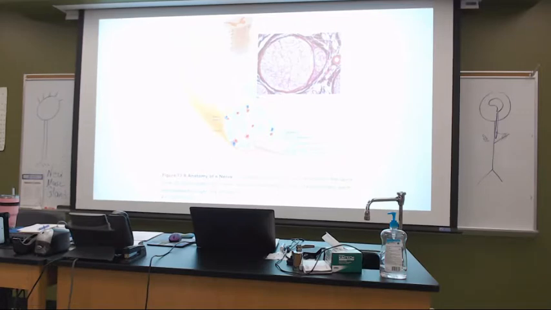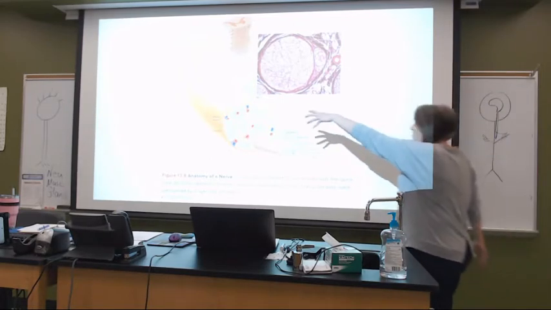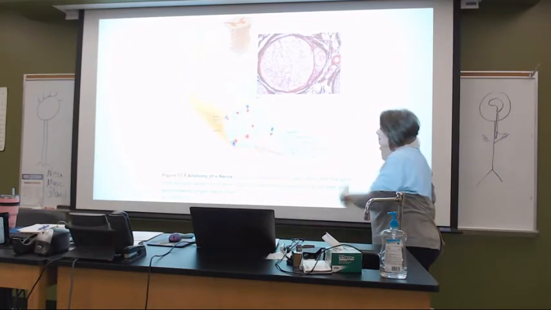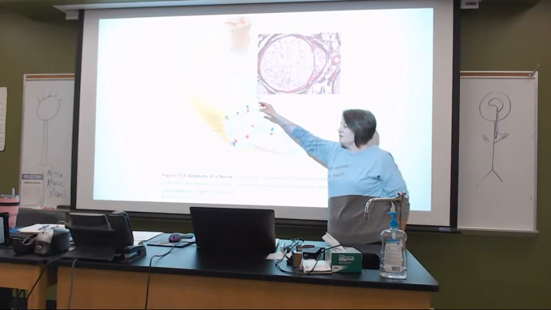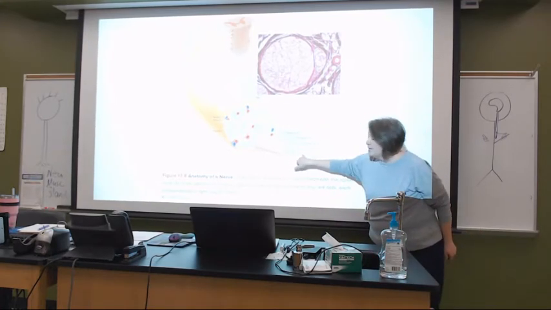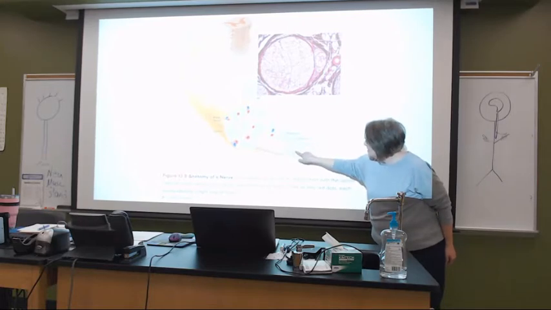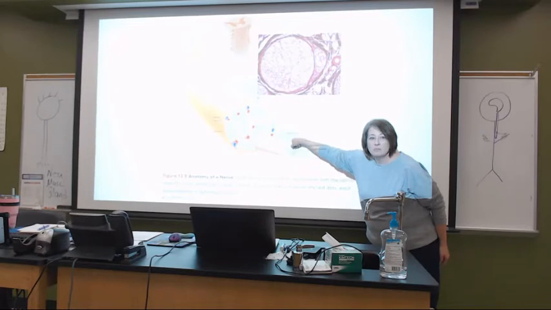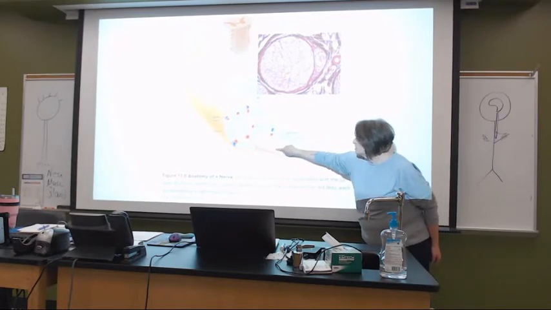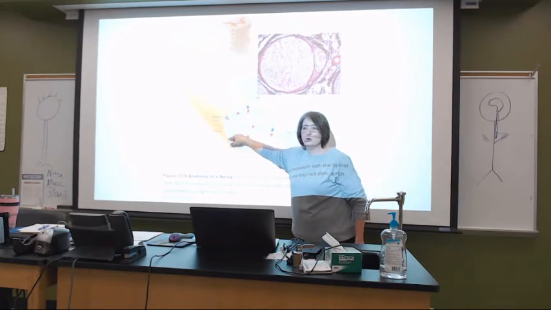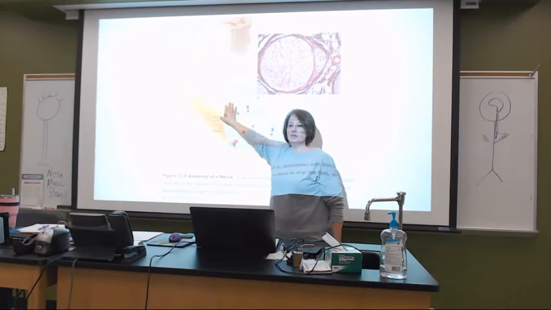As you look at their structure, this would be my spinal nerve that's exiting. That nerve is made up of axons bundled together to create a fascicle, to have fascicles wrapped together as the nerve.